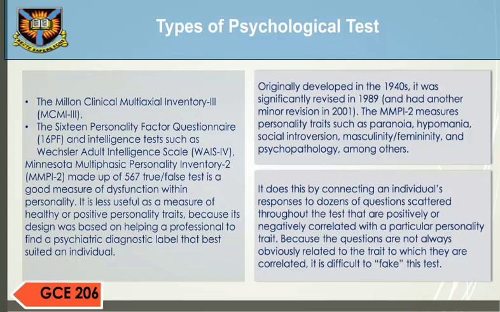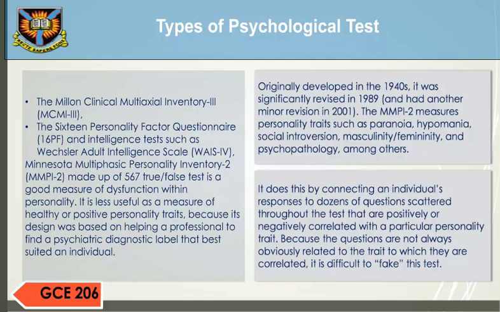The MMPI-2 measures personality traits such as paranoia, hypomania, social introversion, masculinity, femininity, and psychopathology, among others. It does this by connecting an individual's responses to dozens of questions scattered throughout the test that are positively or negatively correlated with a particular personality trait.